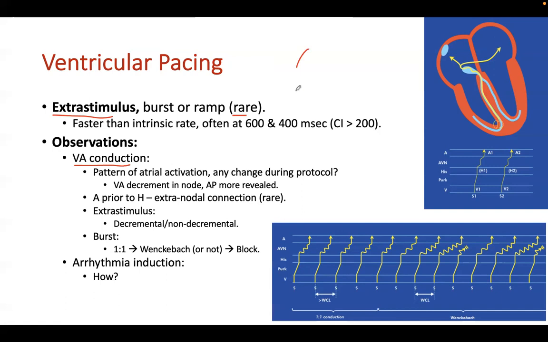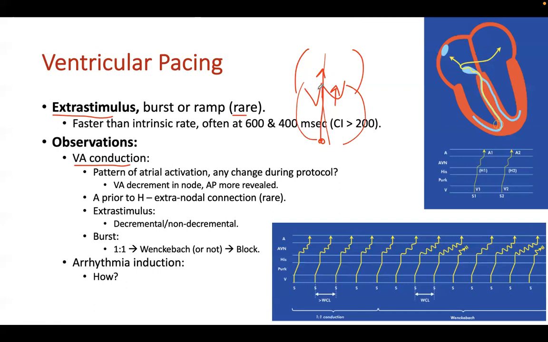I will explain this in detail in a little bit, but just really quick here. When you're pacing the ventricle, there are two ways to the atria: back through the AV node and back across an accessory pathway. Usually initially the atrial activation starts from both sites, because they're both conducting.